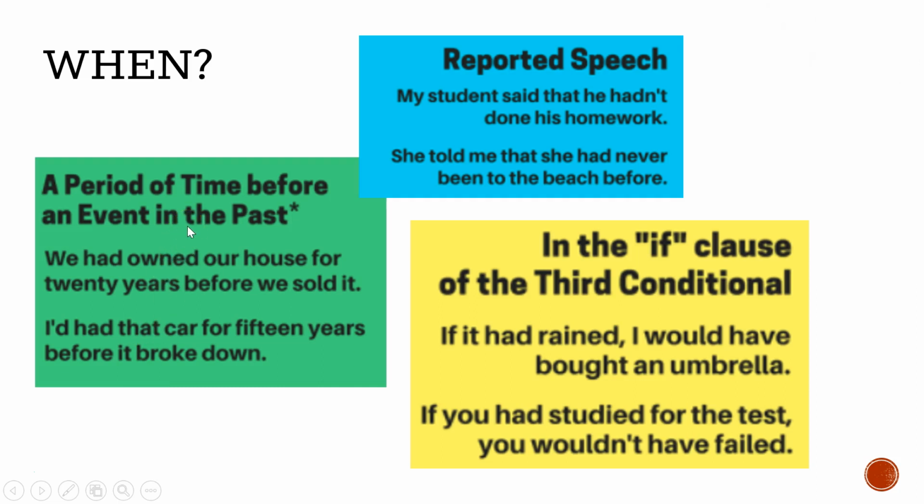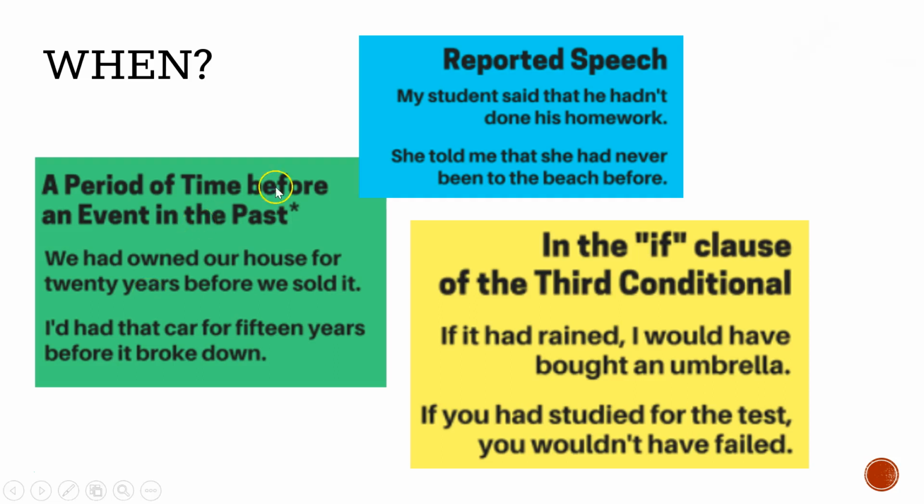The second situation when the past perfect tense is used is when you have a period of time before an event in the past. For example, we had owned our house for 20 years before we sold it. Thus, you had owned the house for a period of 20 years before it was sold.